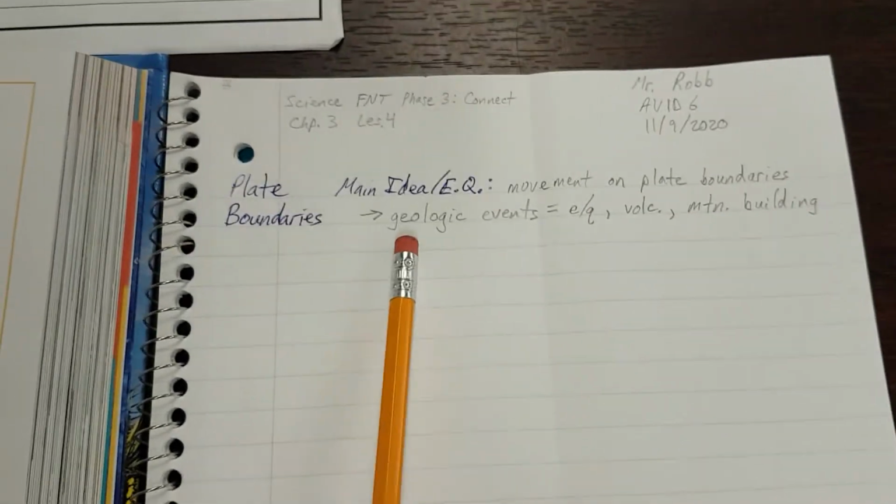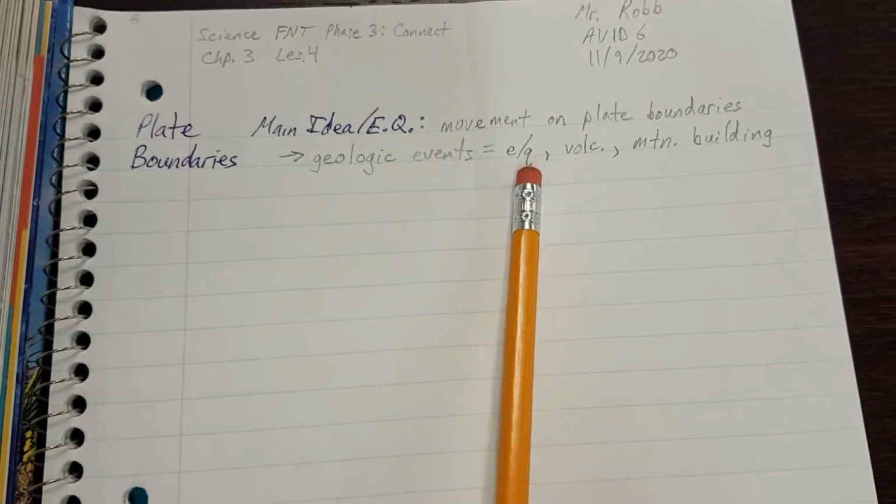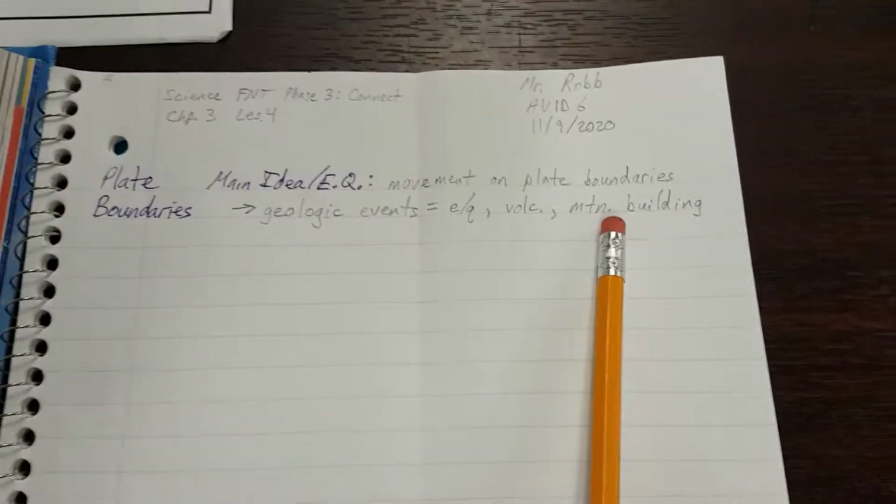So movement on the plate boundaries causes geologic events including earthquakes, volcanic eruptions, and mountain building.